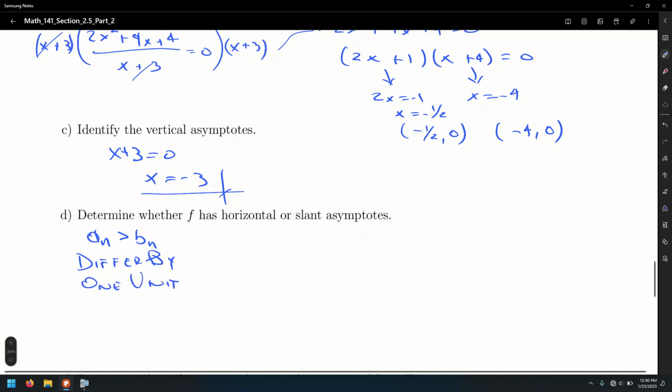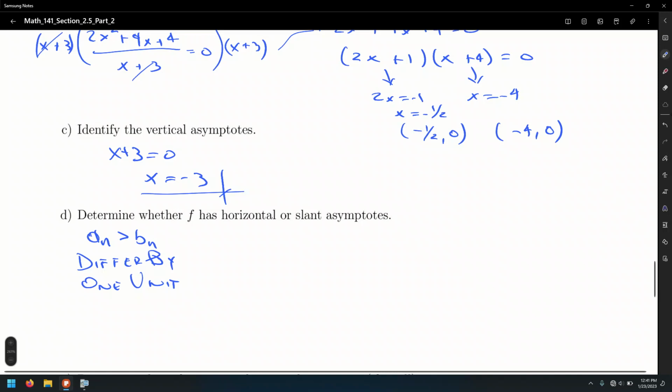That means in this case we are going to have a slant asymptote. If the degrees differ by 2 units or 3 units, well, it's neither horizontal nor slant. In fact, we will have asymptotes that look like a parabola. It's actually a parabola in a dashed way, or even weird polynomials in dashed form.